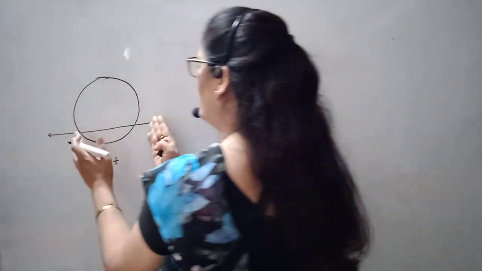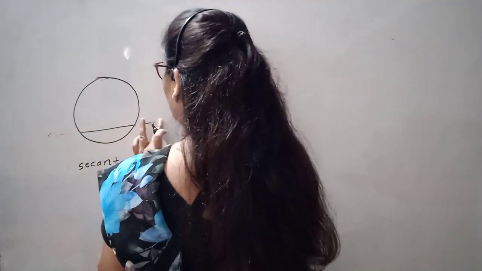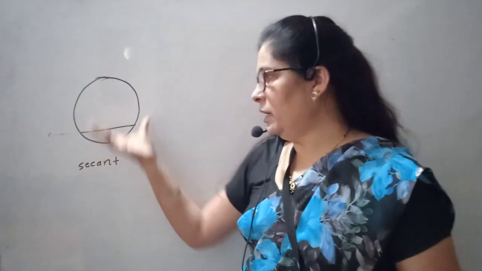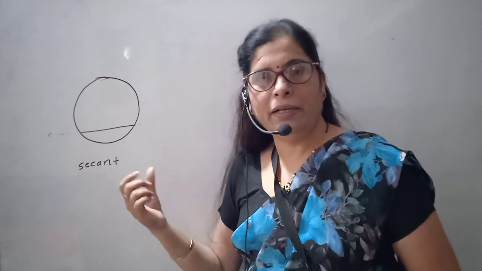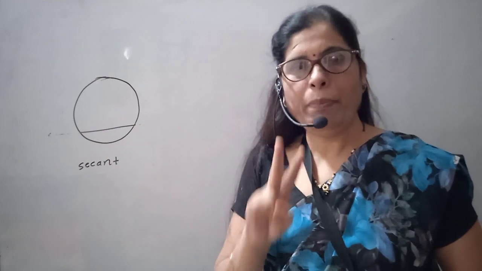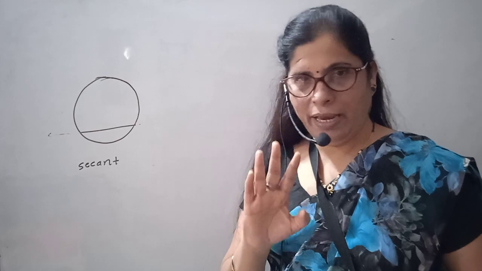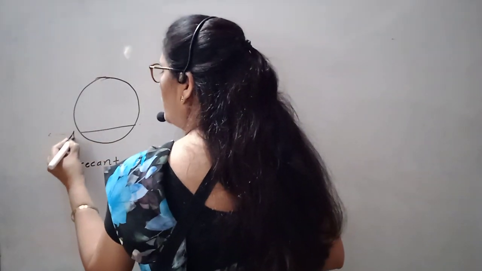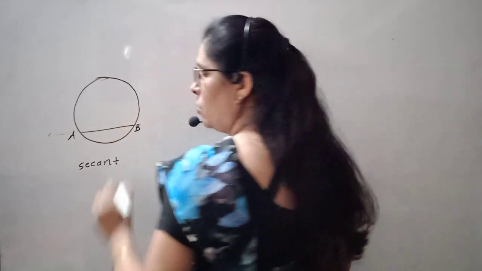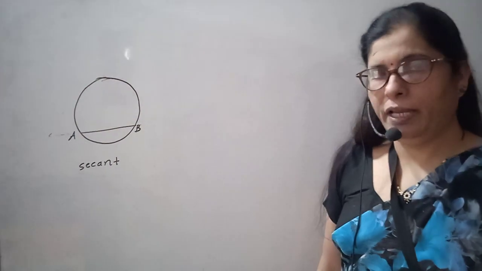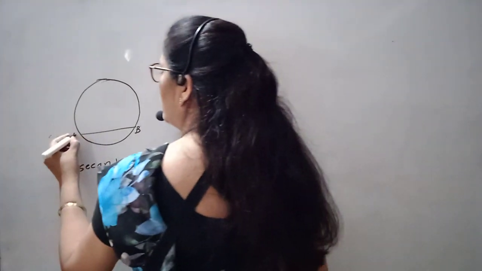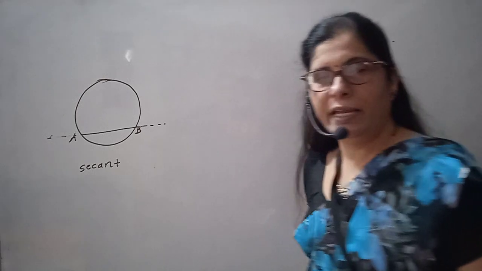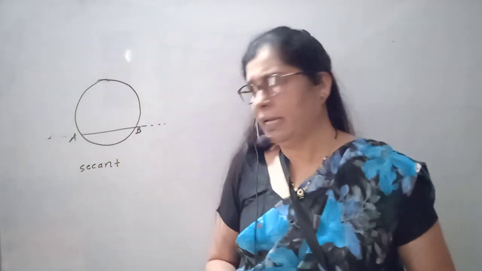Or if instead of a line, I draw a chord here, then this chord is also intersecting. It is dividing the circle in two parts. Agree? Now suppose here is the chord AB. If I am extending point A towards this direction, point B towards this direction, then this AB is a secant.